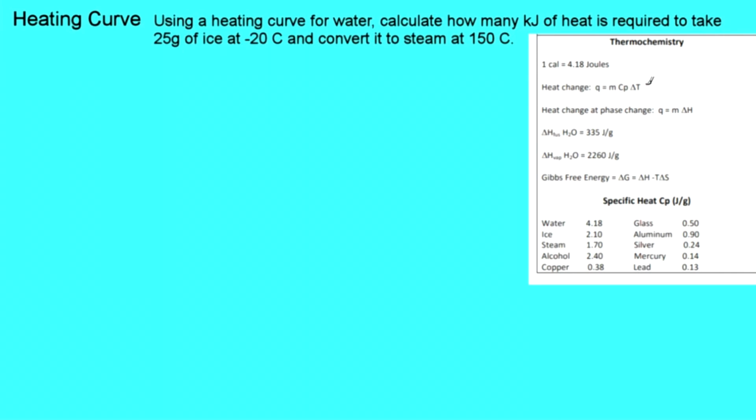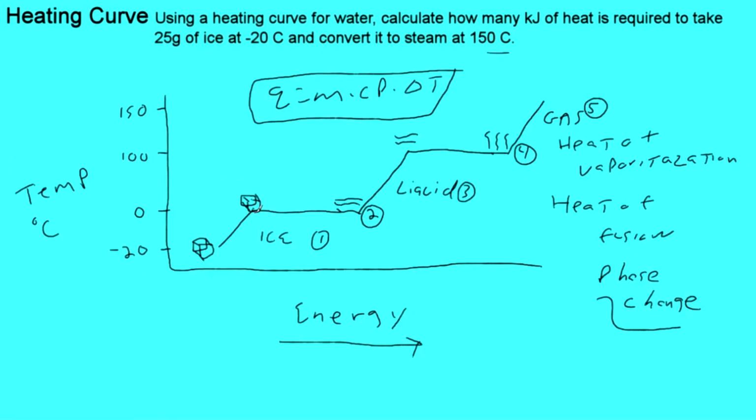We have our heat change formula, which we've been doing, but this is new here. This is the heat change at a phase change. Notice this doesn't have a change in temperature because at a phase change there was no change in temperature. Remember? At 0 degrees, it stays at 0.